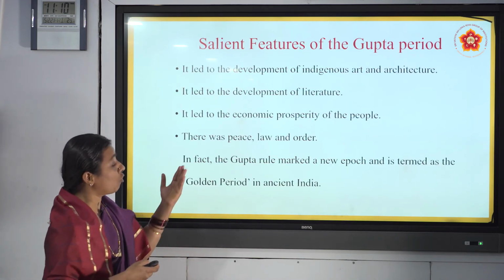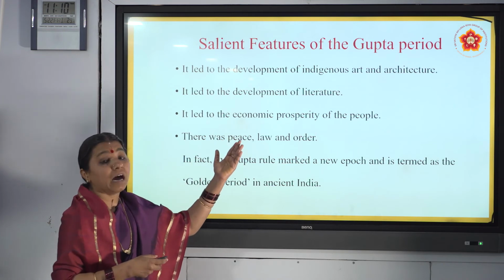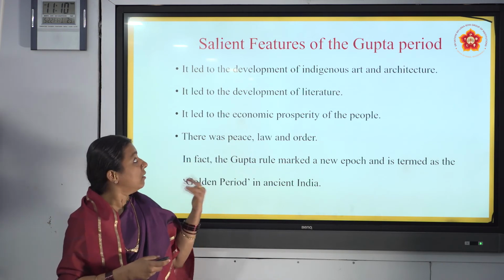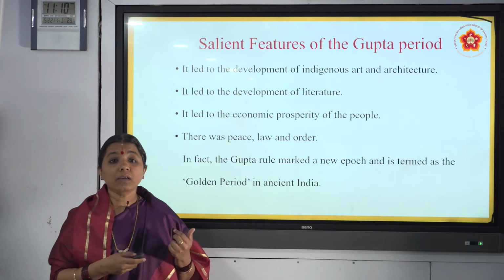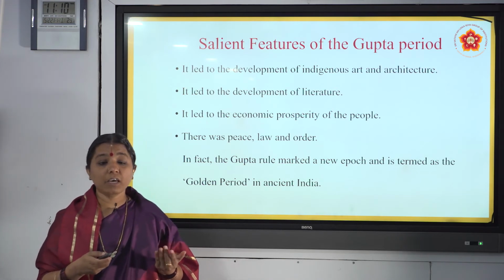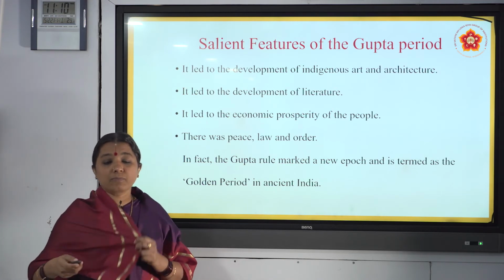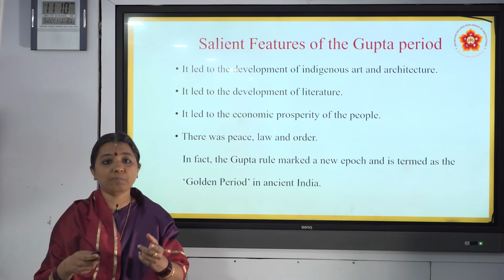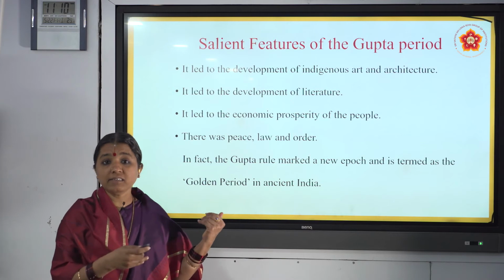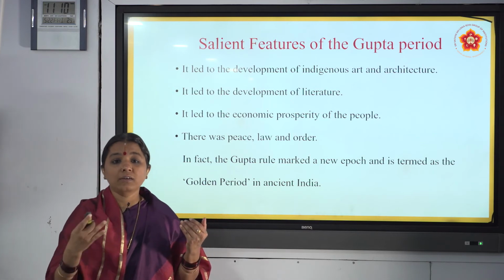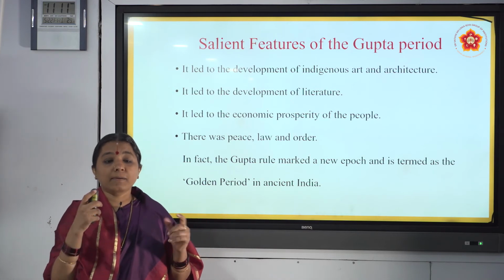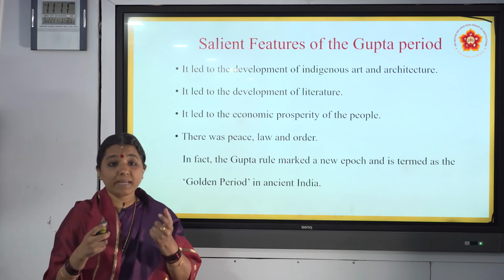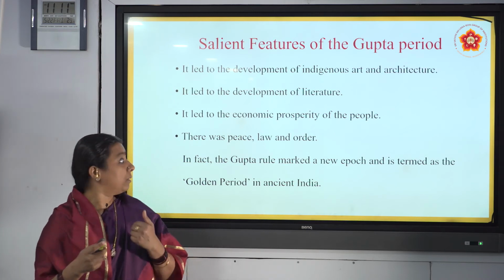And then we talked about the development of indigenous art and architecture. In that we talked about the sculptures of the Badami caves and the image of Buddha at Sarnath, which give an insight into the artistic taste of the people, and the paintings of Ajanta and Ellora showed us the perfection this art had achieved during the Gupta period.